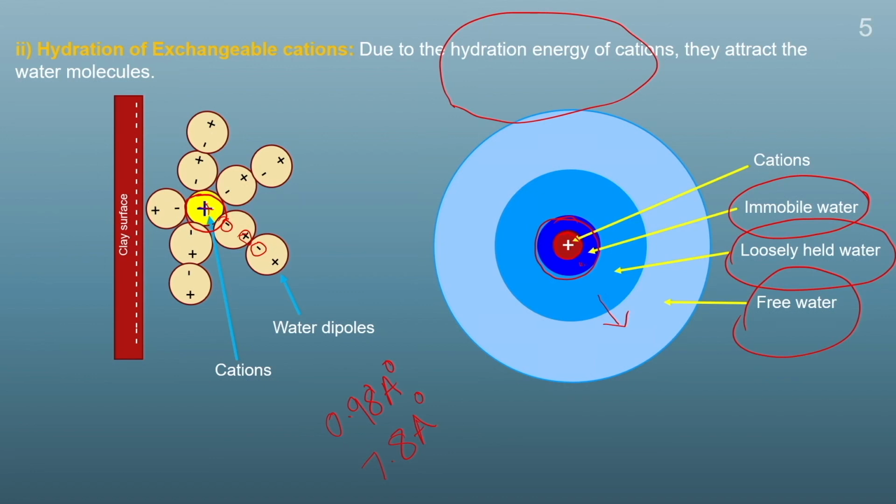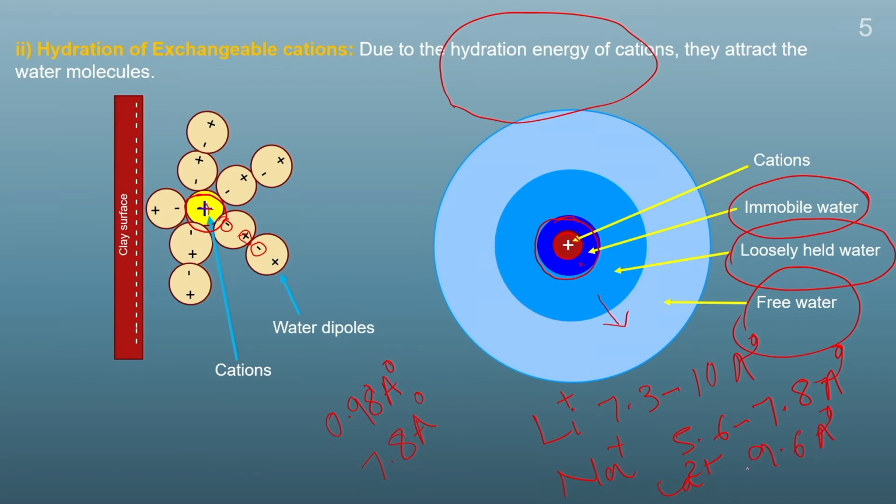If we look at different types of cations, the size of the hydrated cations for lithium can be 7.3 to 10 angstrom. Similarly, for sodium it will be from 5.6 to 7.8 angstrom, and for calcium it can be up to 9.6 angstrom.